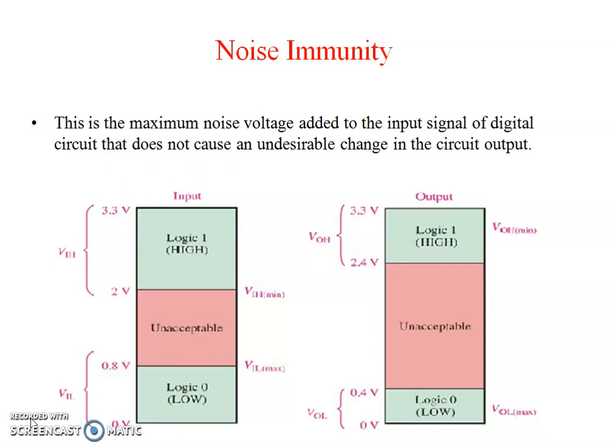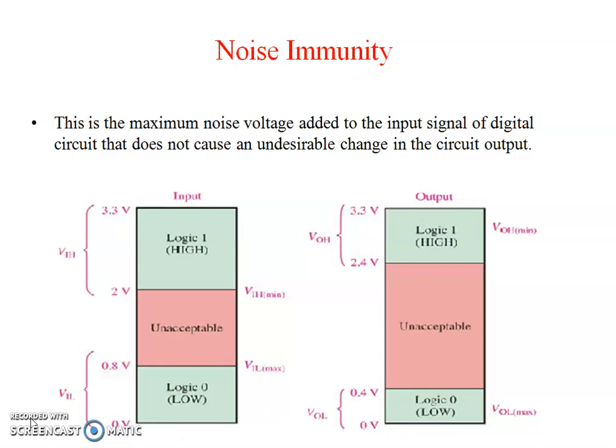When the output of a logic device feeds the input of another device of the same family, at that time a legal high logic state at the output of the feeding device should be treated as a legal high logic state by the input of the similar device.